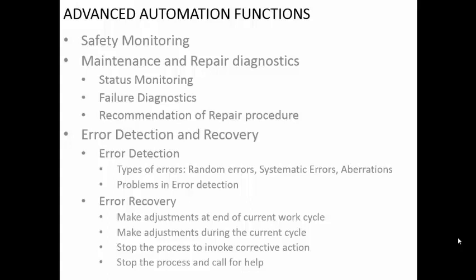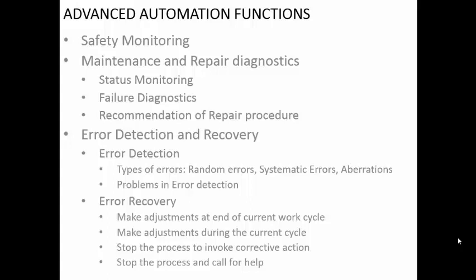So error detection and recovery is another advanced automation function built into the system to ensure that the downtime is minimized or the system is not going to function in an unpredictable manner. Whenever the system functions in an unpredictable manner, we can call it an error.